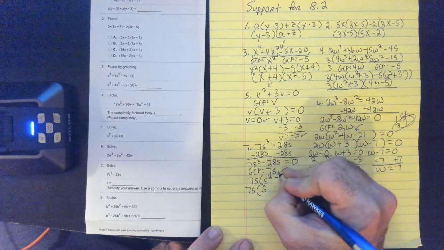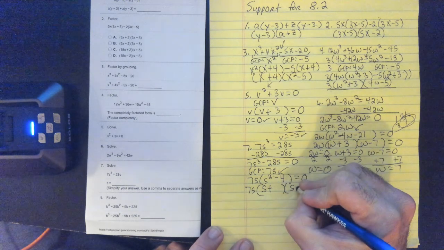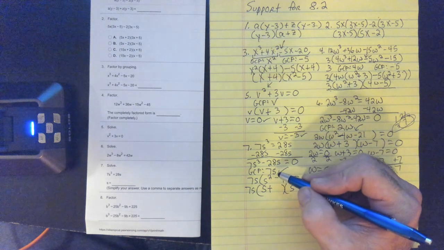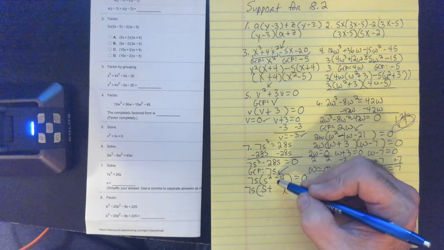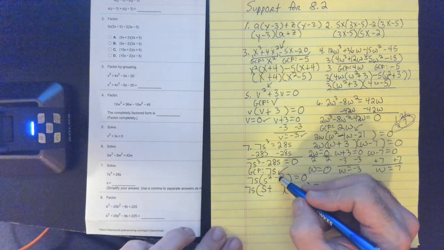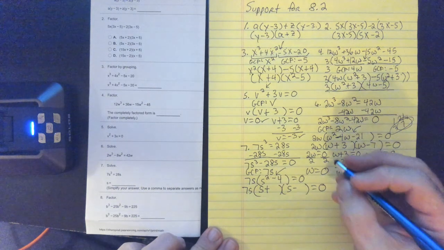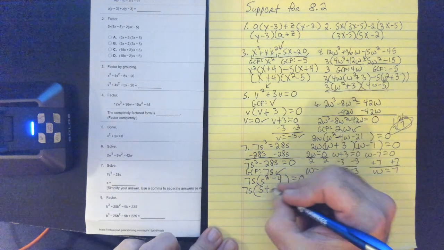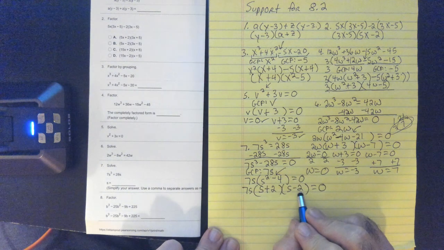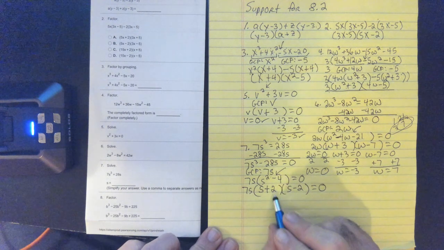Last sign's negative, so one's positive, one's negative. And then there's no number in the middle, so it's 0 since there's no s term. So find me factors of 4 that'll subtract and give me 0. Well, 1 and 4 don't do it, but 2 and 2 do it. So plus 2 and minus 2.